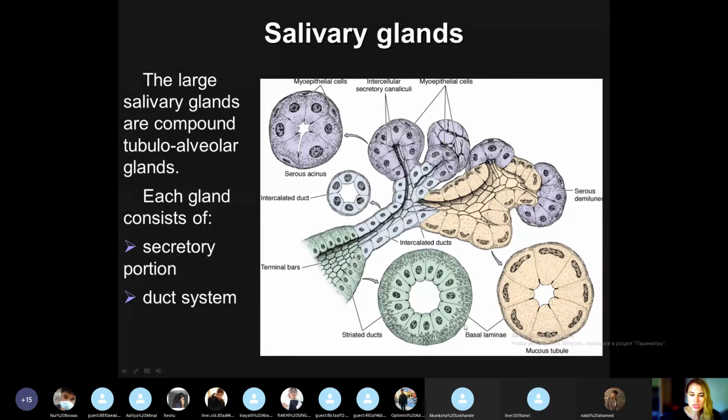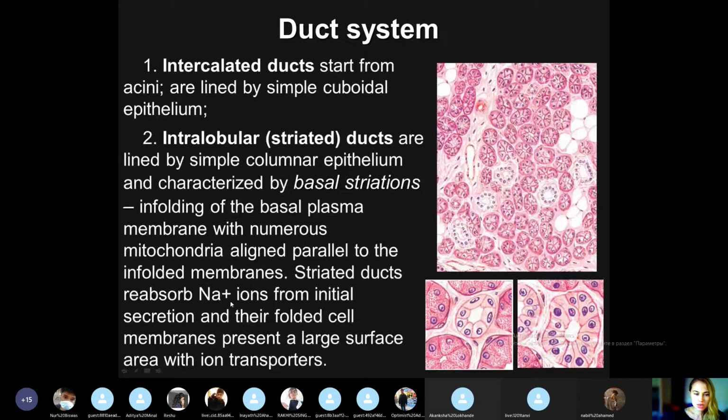The basal striation is elongated mitochondria that are found in the basal surface of the cell. Why mitochondria? Because we know that sodium transport requires energy of ATP. Yes, so it's an active process.